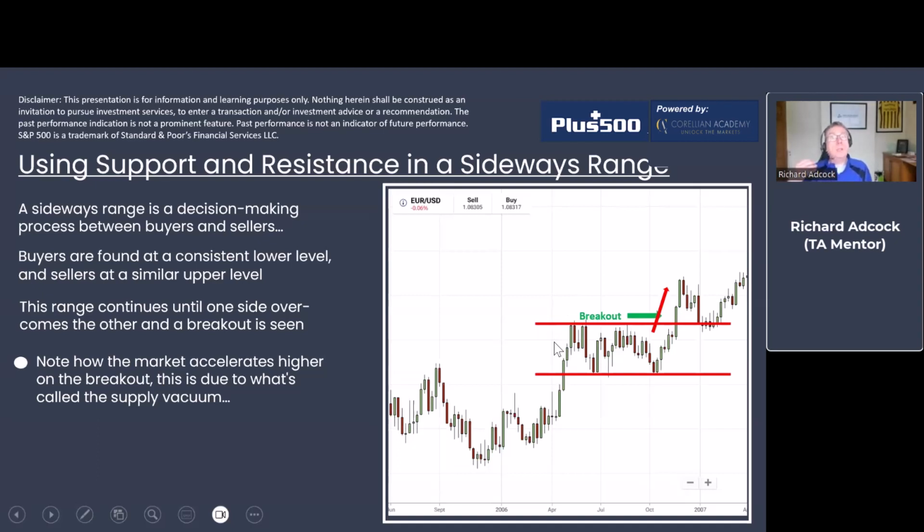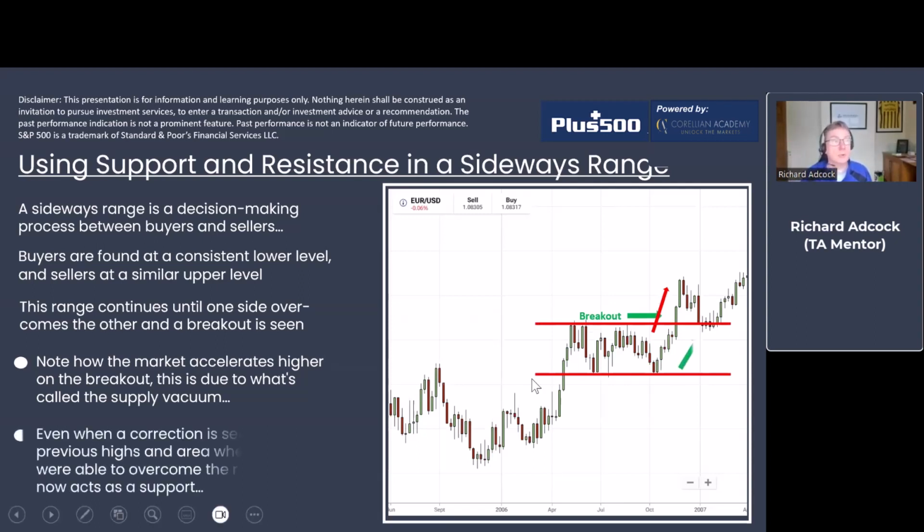So we look at price action, and once we start to break up and take out the resistance point, the market accelerates within the supply vacuum and effectively then moves to the next point where we start to see offers within the market, where they've no longer been pulled lower to extend this sideways trading range.